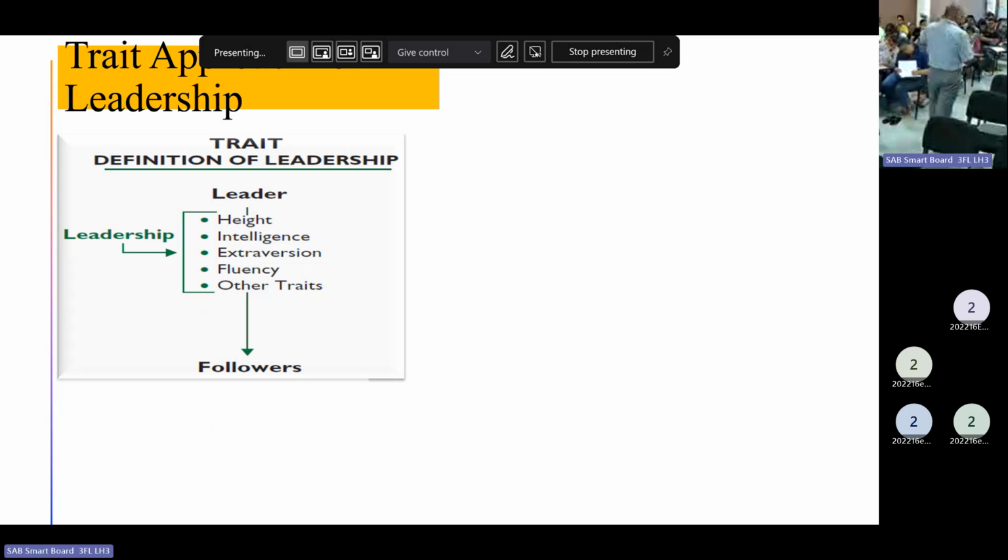Can you remember? Two types of leadership, not style, type: emergent leader and appointed leader, the position leader. That will make a difference. The next observation is that you are different than others, with high intelligence and other traits. We have listed 98 traits. So it's one way.